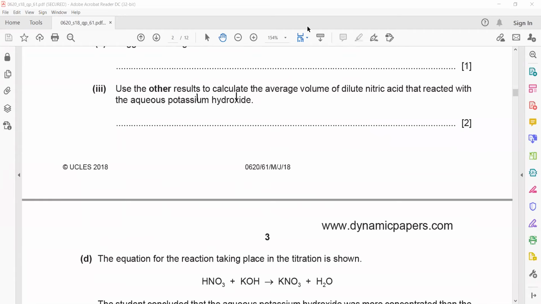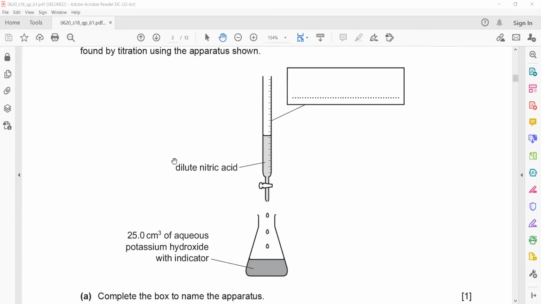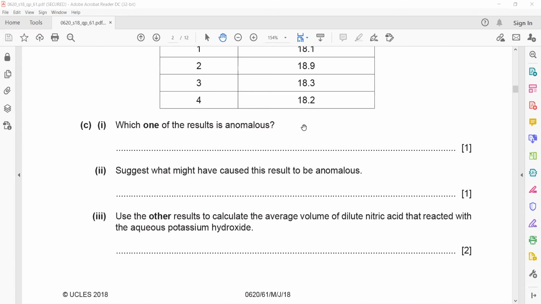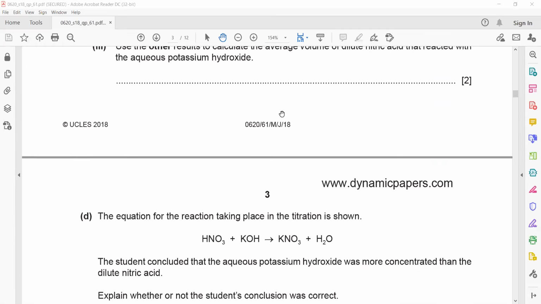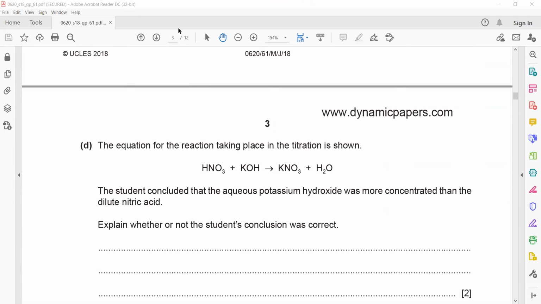In the titration, the volume of potassium hydroxide was 25 cm cube, and the average volume of nitric acid from the burette was only 18.2. So for a complete reaction, 25 cm cube of potassium hydroxide only required 18.2 cm cube of nitric acid.